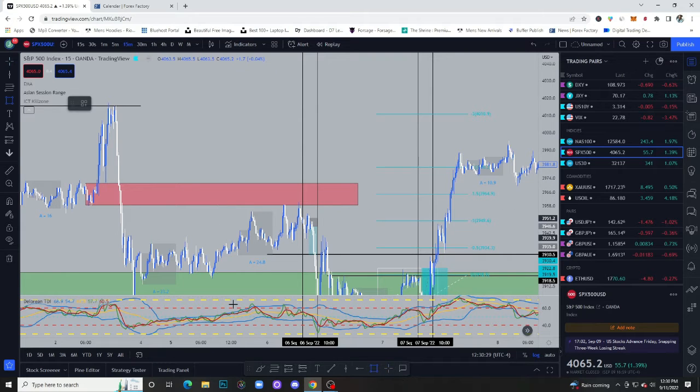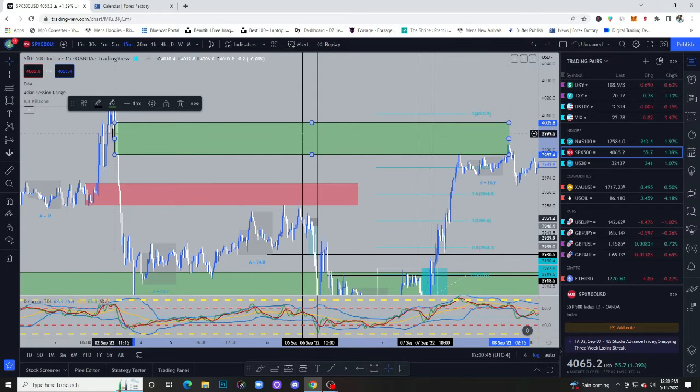In this case right here, price came up to test more of these order blocks that are resting up here. Not order blocks, these fair value gaps that are resting up here. So you have a fair value gap here, and you have another one here. All right.